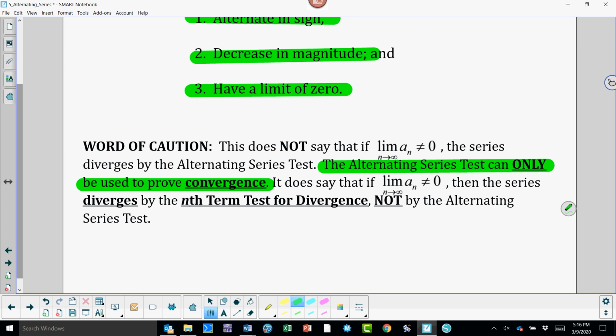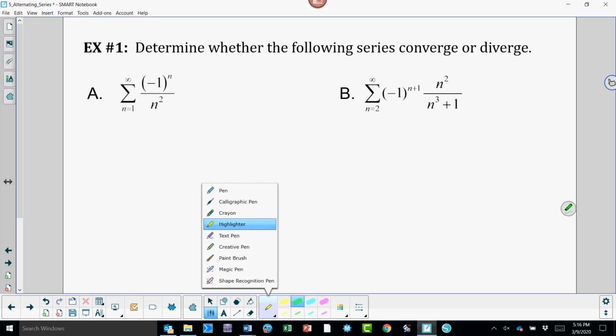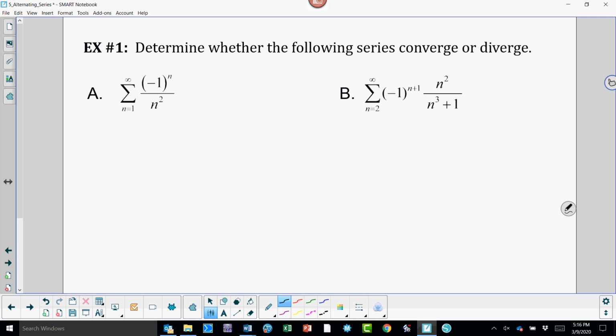That's the only thing that's important here. Getting a limit that's not 0 doesn't mean the alternating series test showed it diverges. It means that it diverges by the nth term divergence test, which is this first test that we're always going to do. So let's look at an example and find out whether these series converge or diverge.